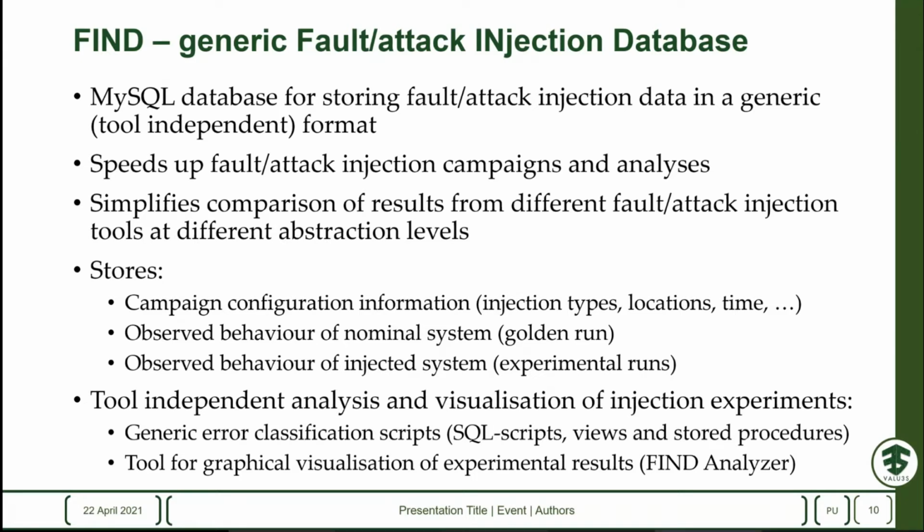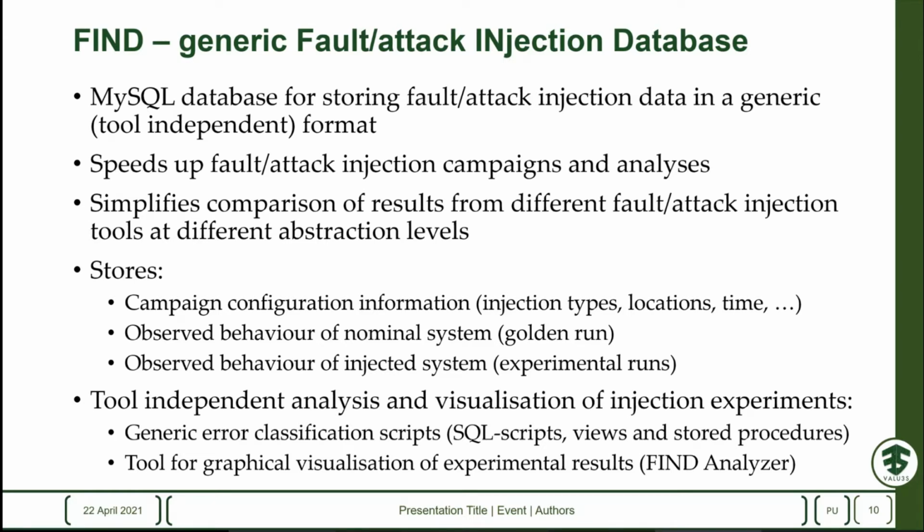The database stores campaign configuration information, like the type of injection, locations for injections, and time points for injections. It also stores the observed behavior of the nominal system, which we call the golden run, and of course the observed behavior of the injected system, the experimental runs.